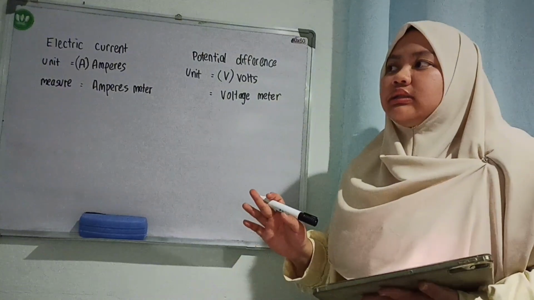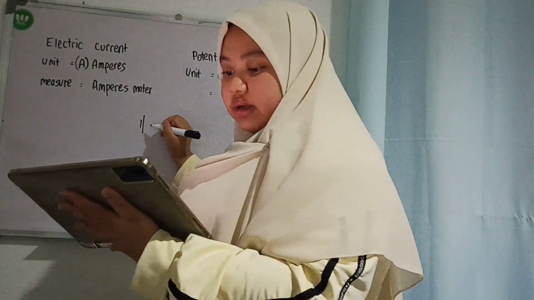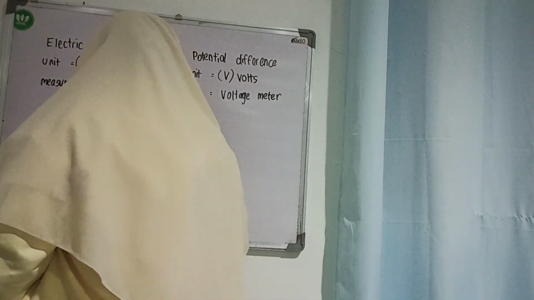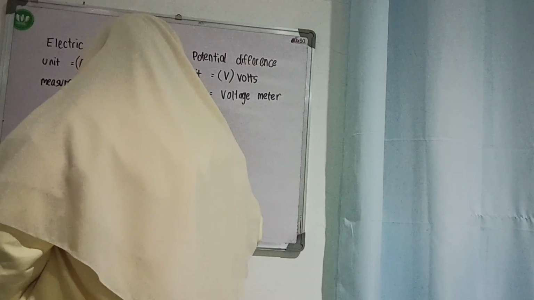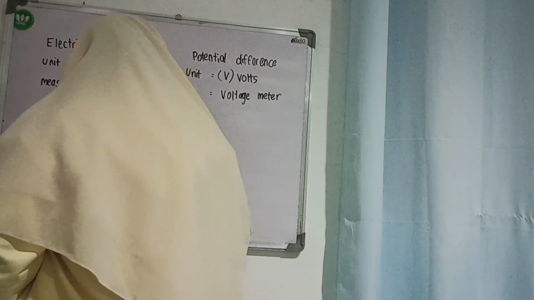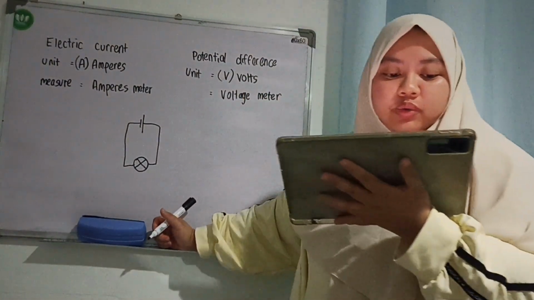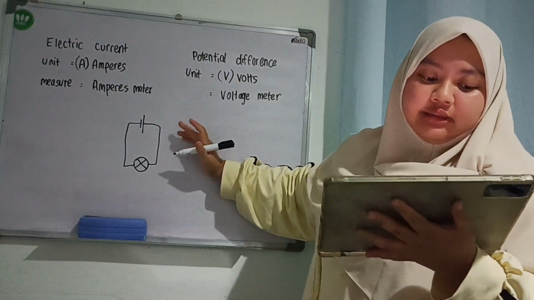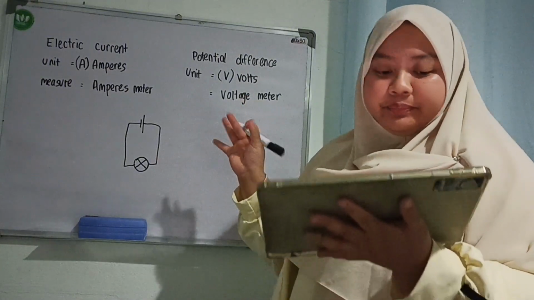So let's look at a simple diagram where we have a battery and a bulb. This will be a simple diagram where the battery provides potential difference that pushes the current through the bulb, making it light up.